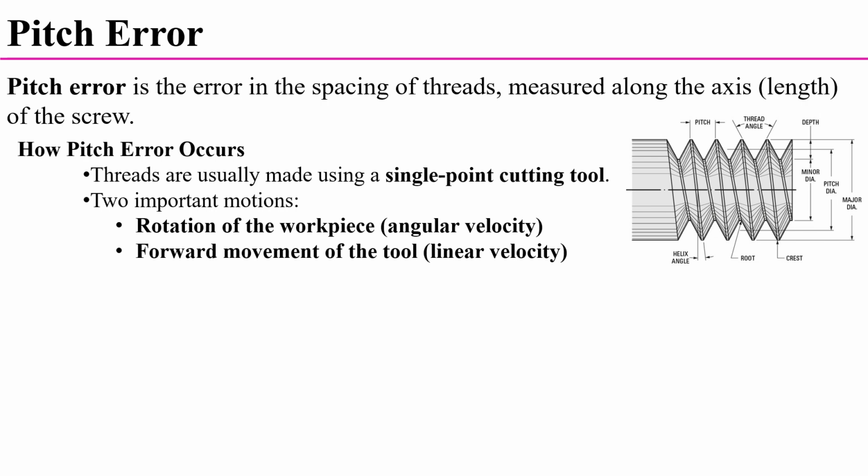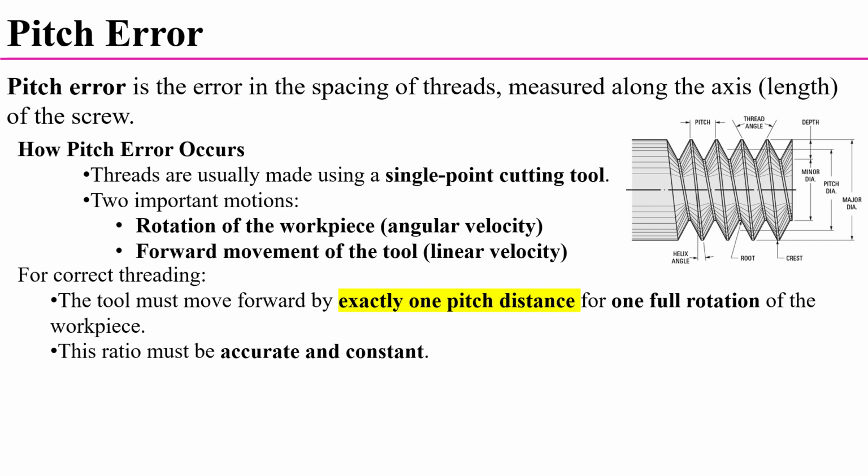One is the rotation of the workpiece, or angular velocity of the workpiece, and the second is the forward movement of the tool, or the linear velocity of the tool. For correct threading, the tool must move forward by exactly one pitch distance for one full rotation of the workpiece, and this ratio must be accurate and constant. If this condition is not satisfied, then pitch errors occur.